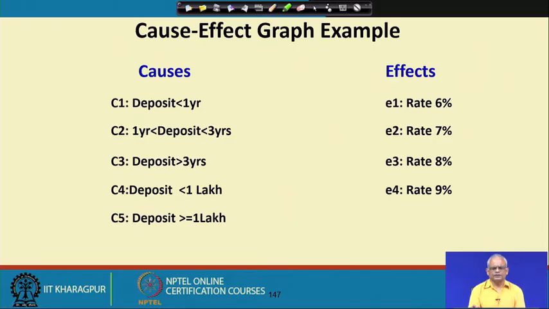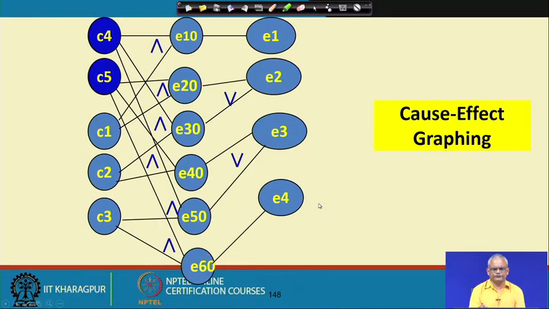Now, each of these we represent in the form of a graph. We write the input conditions and the actions, and then specific combinations of the input conditions give rise to specific actions.